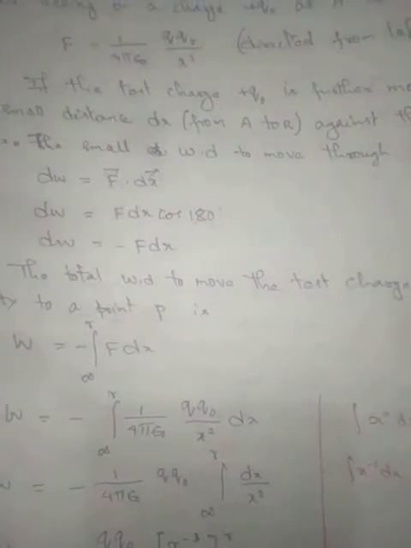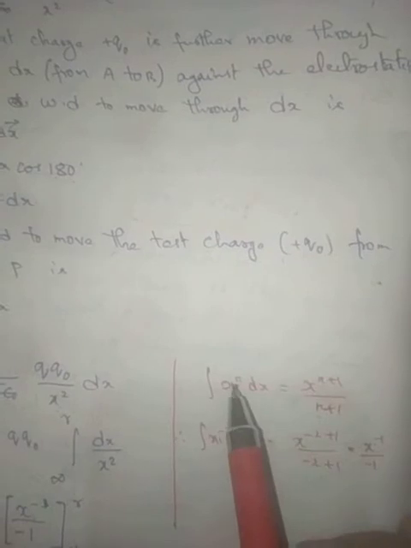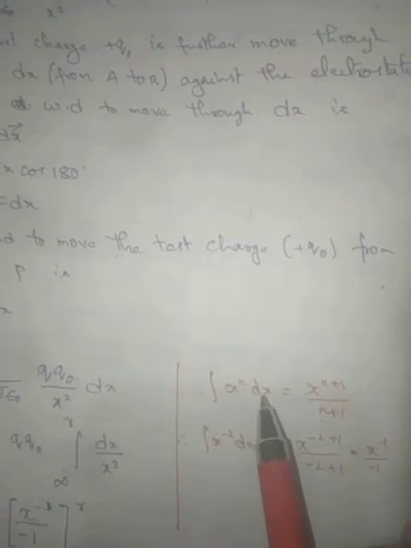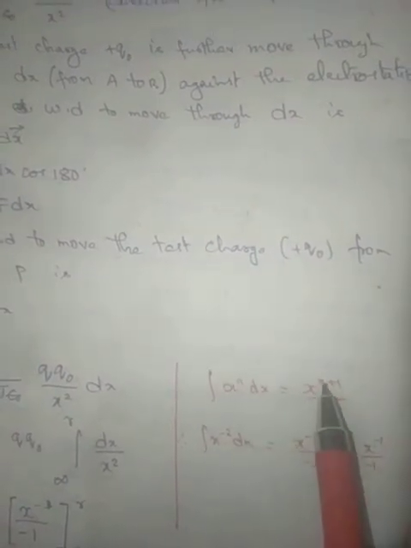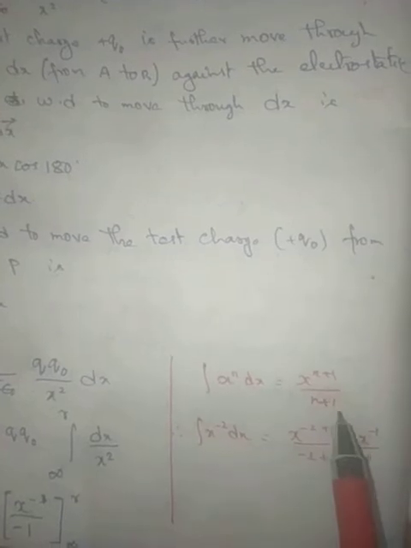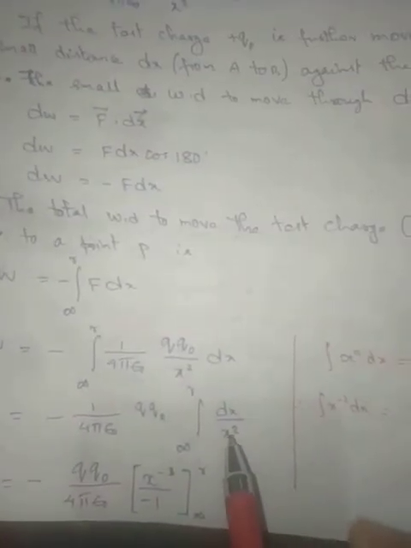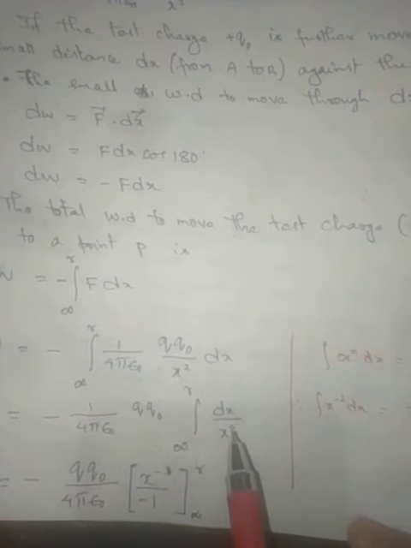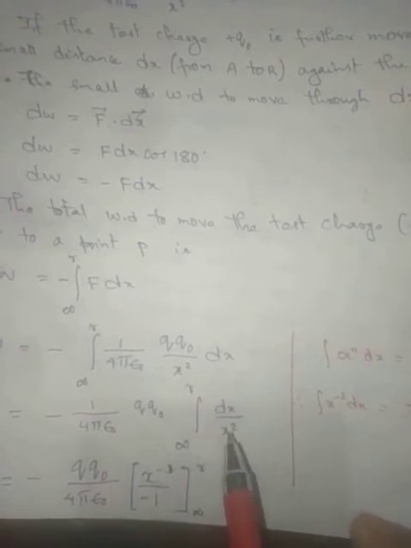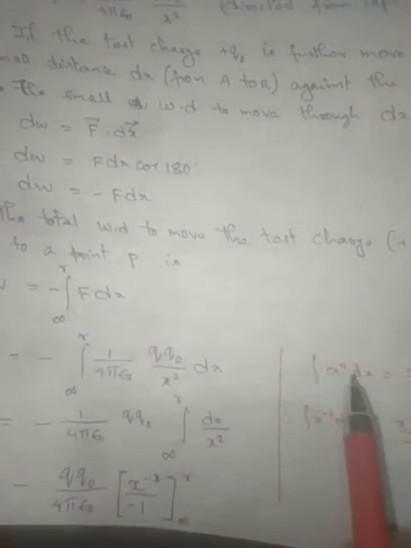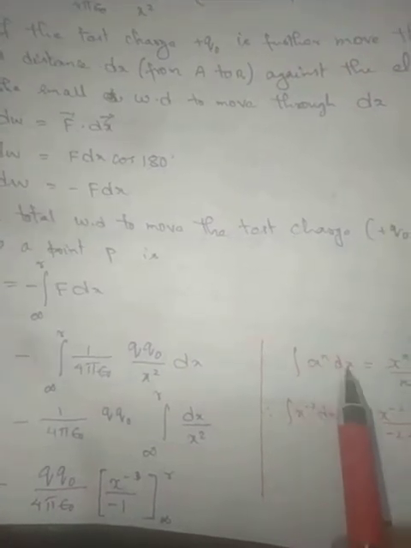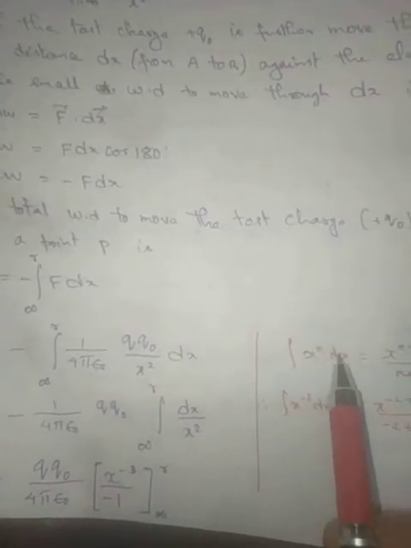or we can say dx upon x squared. Now for this you have to use the formula, integration of x to the power n dx equals x to the power n plus 1 by n plus 1. Here x squared in the denominator, when you take it up, becomes x to the power minus 2, so x to the power n dx becomes x to the power minus 2 dx.